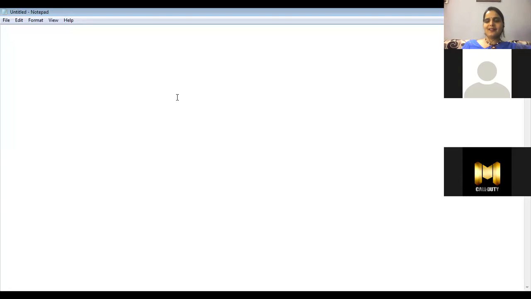My notepad is my whiteboard here. So we want to find the molecular mass of carbon dioxide.